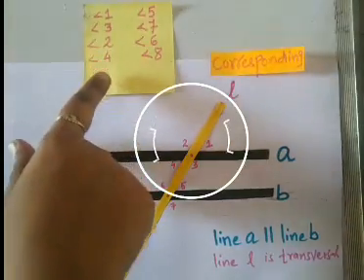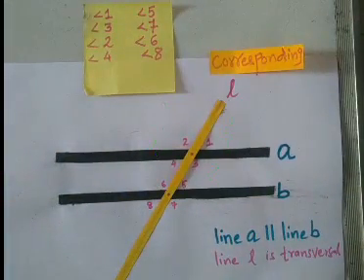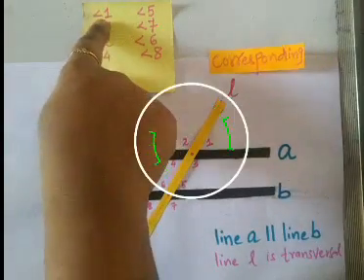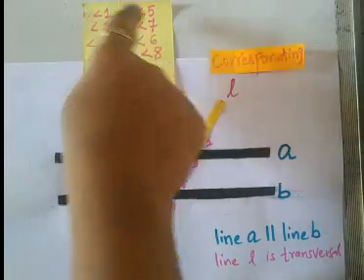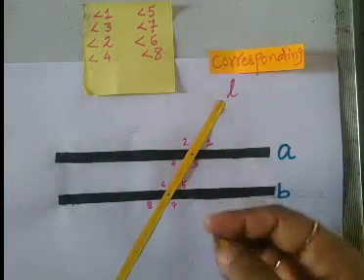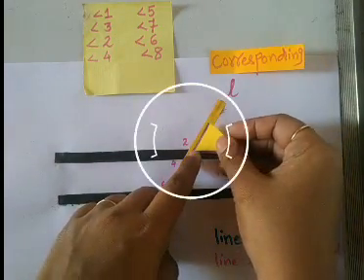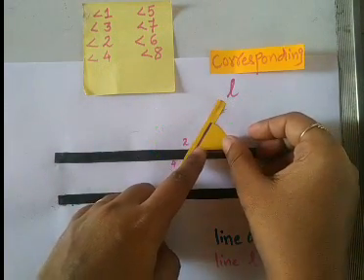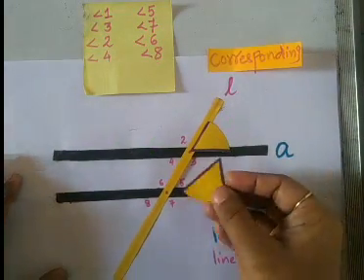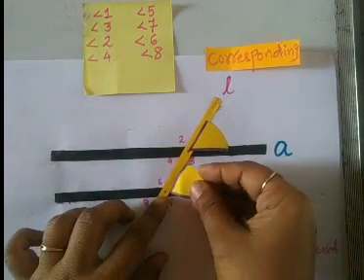Now we have already noted down which angle is corresponding to which angle. Here angle number 1 is corresponding to angle number 5. So this is my angle number 1 and this is my angle number 5.